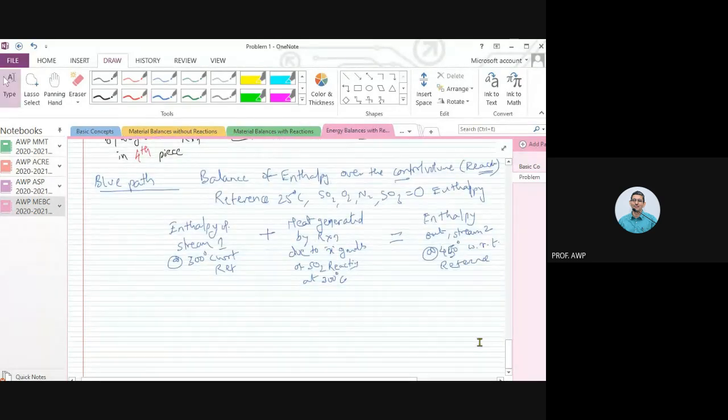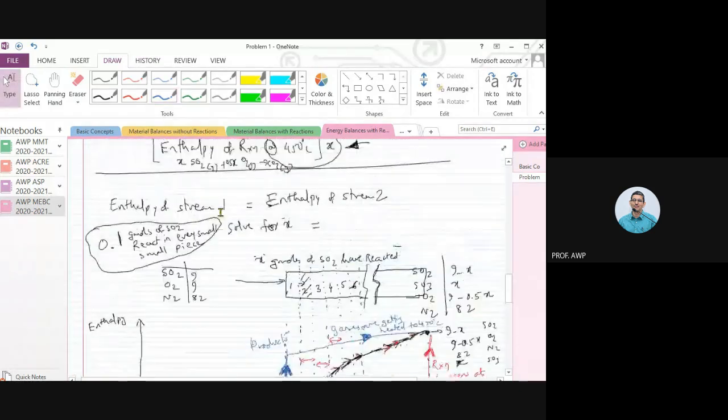Just like we write enthalpies coming in and going out, it is just like the material balance. How do we write the material balance?